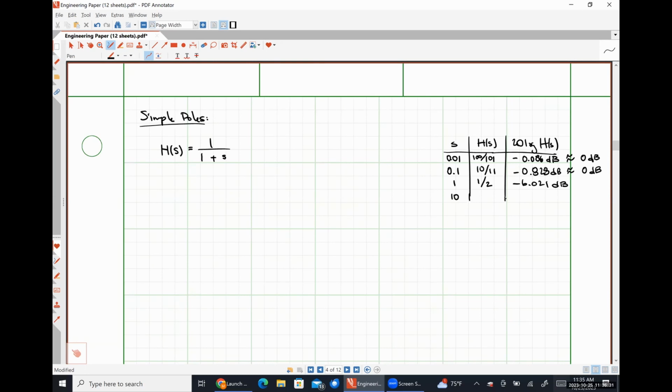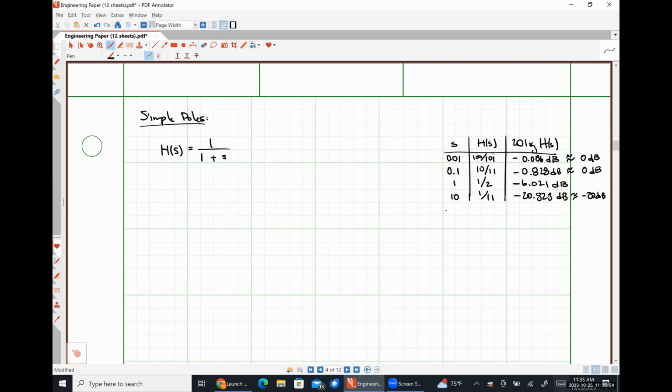We'll get to that in a minute. When s is equal to 10, I have 1 over 11, and that comes out to be negative 20.828 decibels, so approximately negative 20 dB.